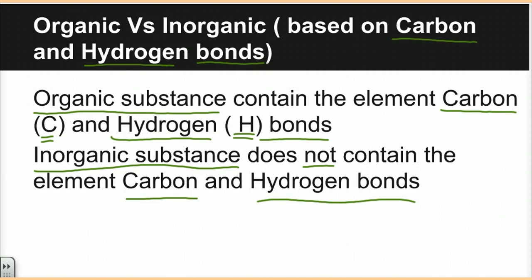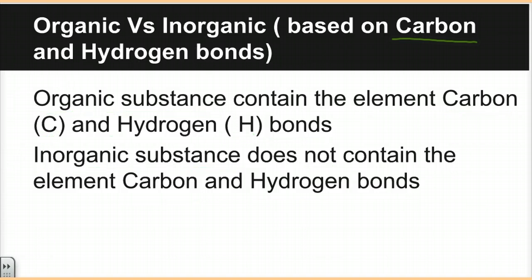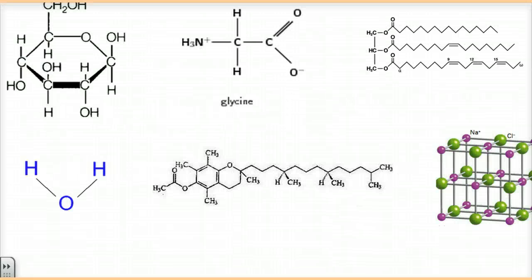So let's look at the different molecules that we can get from feeding, and we're going to classify them or put them into groups based on whether they have carbon-hydrogen bonds or not. The first molecule that you're looking at looks very strange to you right now because they're all letters and lines, but you don't have to know or memorize this.